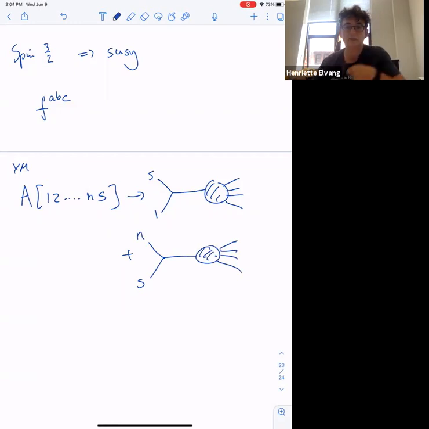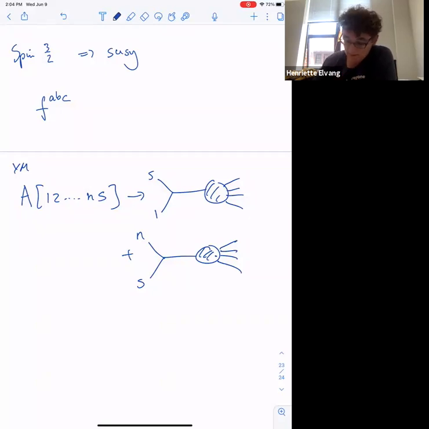With color ordering, I'm not allowed to cross lines or interchange the labels. So from this point of view, it just reduces the sum. It basically means the same master formula, but some G_k is automatically 0. And the sum of these two contributions is what you need to do the first exercise I mentioned earlier in the lecture: connect these types of diagrams of polarizations to what you get from the soft limit of Parke-Taylor.